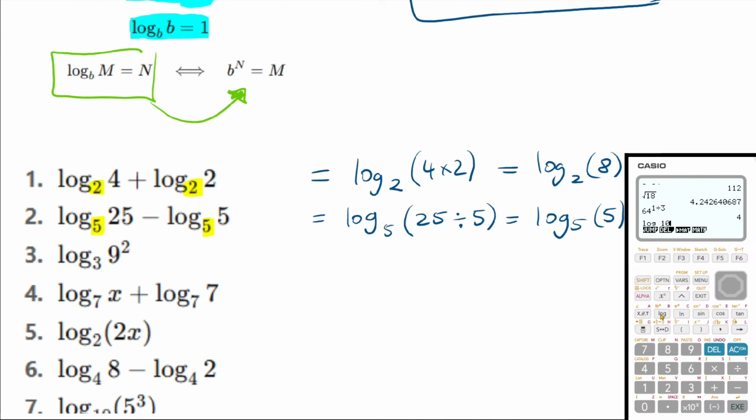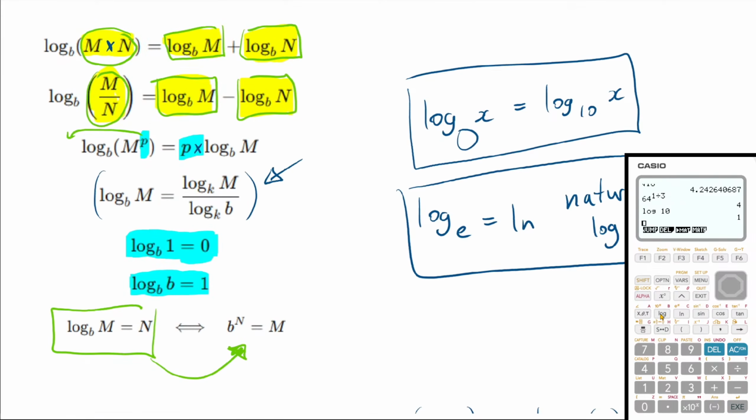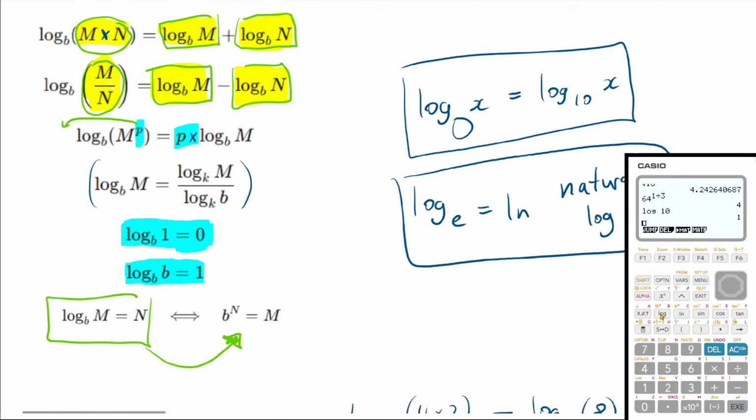And we can check, because if the base is 10 and the number is 10, the answer should be 1. There we go. So the base is always 10. So you can't usually put log base 2 in the calculator. If you wanted to use this in the calculator, you would have to use the base change formula, which is this one here first. But usually that is not required to solve any of the questions.